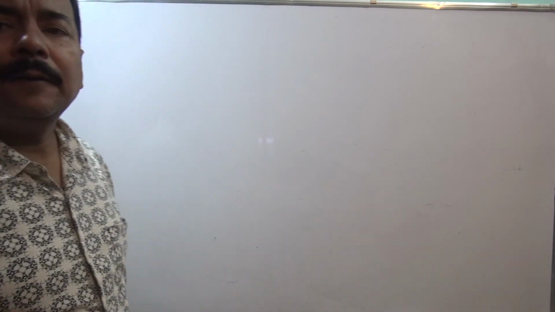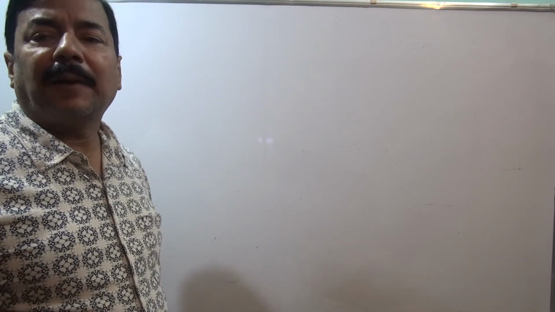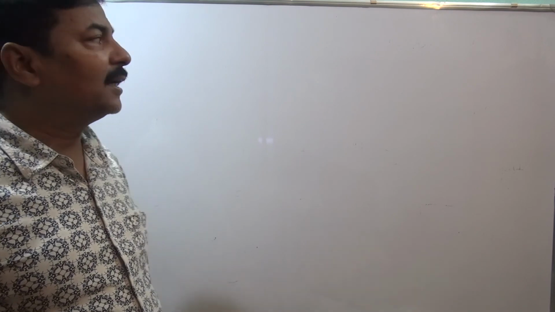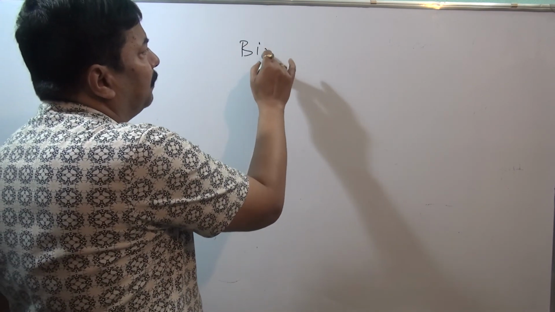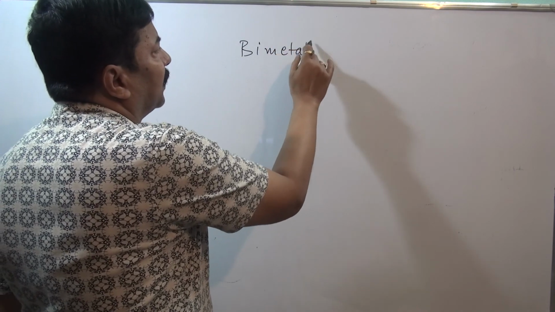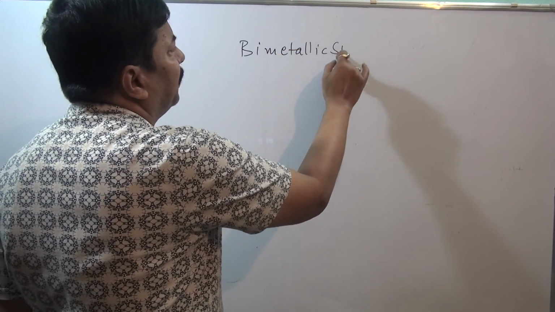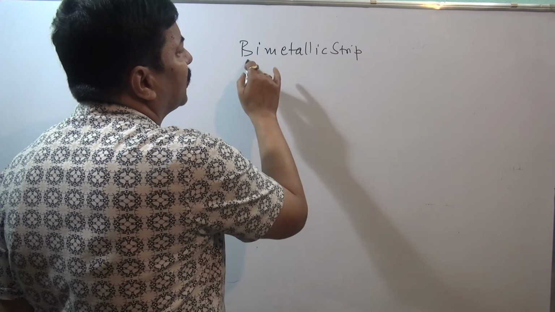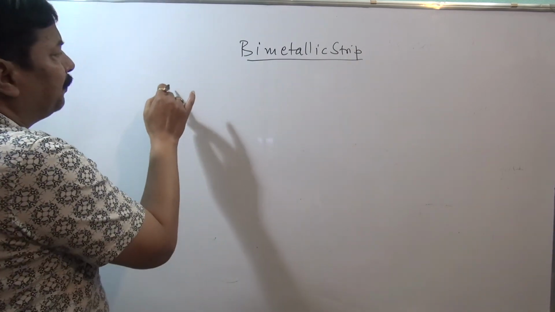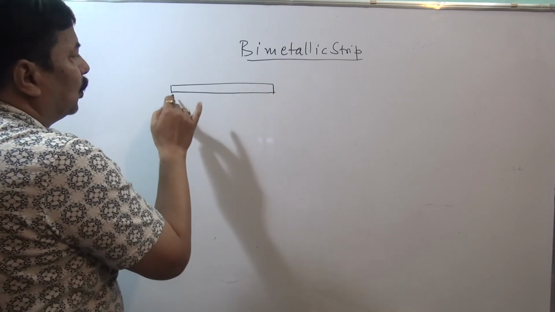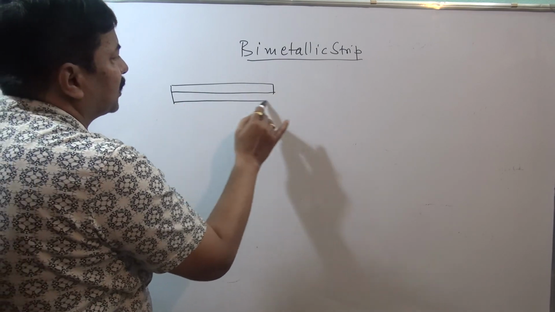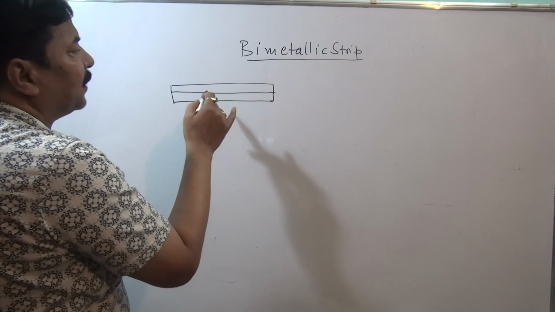Now we will apply the concept of linear expansion in the second case, that is the bimetallic strip. So let us talk about the bimetallic strip. In a bimetallic strip, as you all understand, there should be two metals whose coefficient of linear expansion is different.